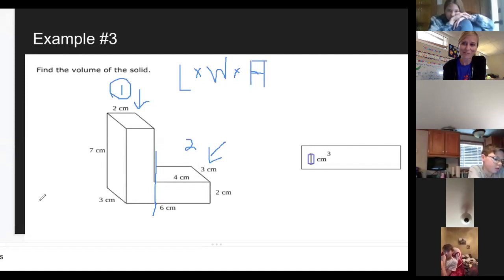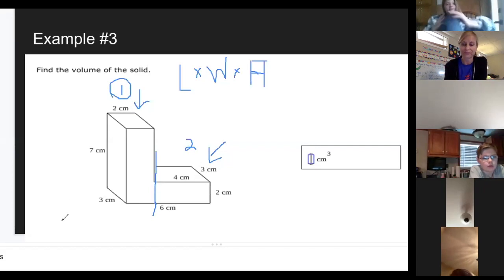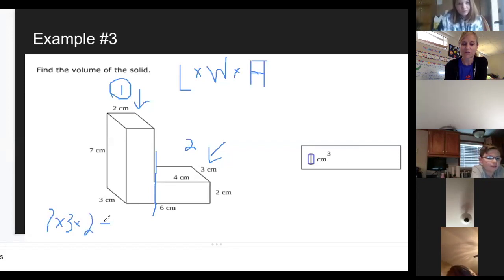And remember, it doesn't matter the order that you multiply in, because multiplication doesn't depend on the order. 7 times 3, good. Times 2. Yeah, that equals 42. So that is the volume of the first shape.